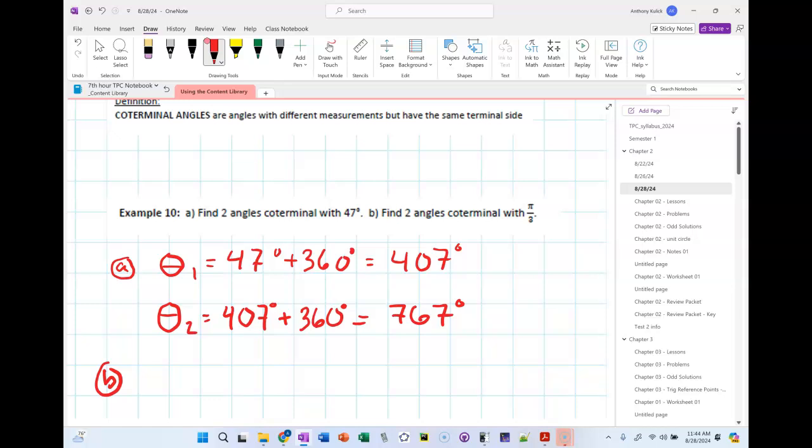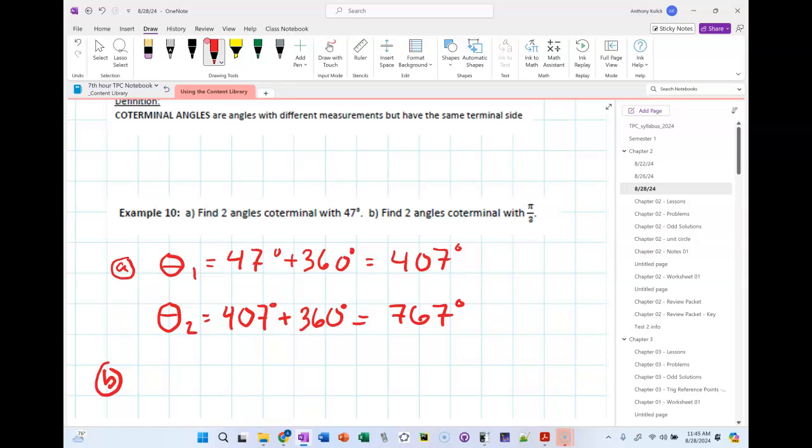You could do it that way. Any combination of those is okay. Just a question of like, are you looking for one specific coterminal angle? Like maybe I'm looking for one between certain values, and that will tell you whether I should be adding or subtracting. Part B, it says find two angles coterminal with pi over 3.